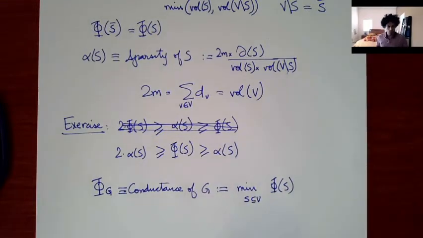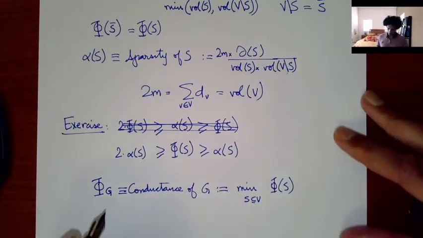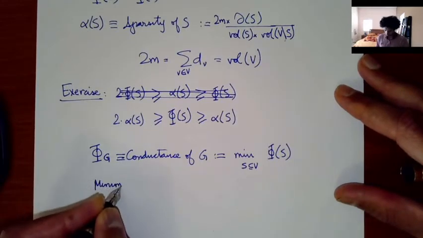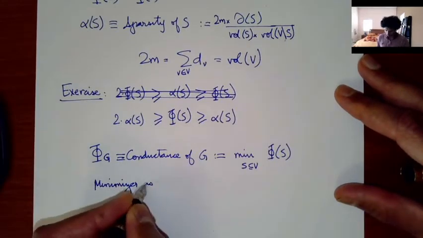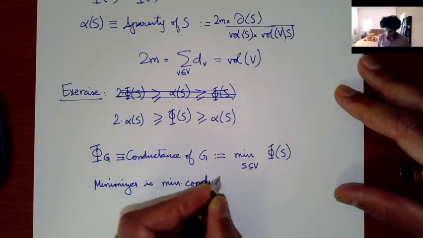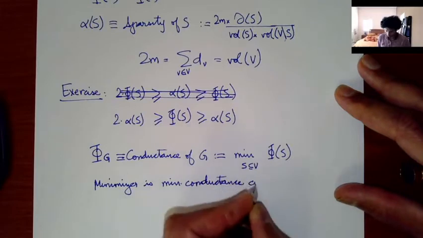And similarly, you can define the sparsity of the graph in the same way, and the minimizer is the minimum conductance cut.